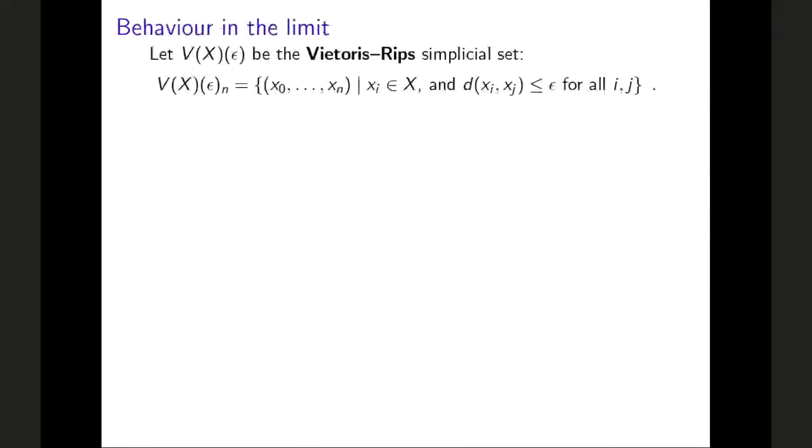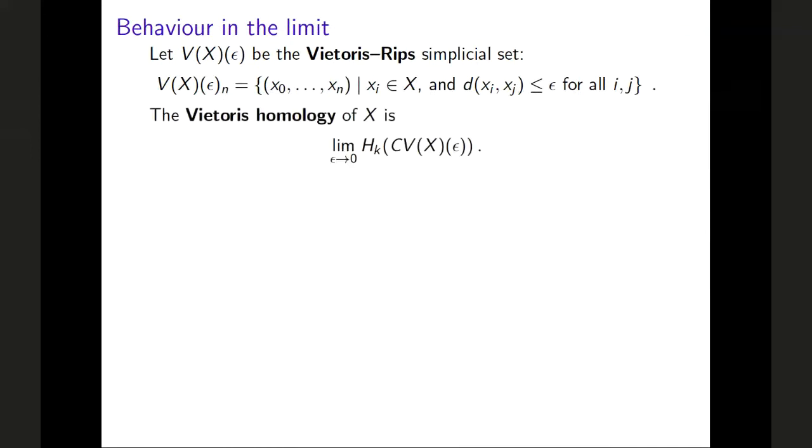And then one can also try to relate this to other types of filtered simplicial sets that we consider, for example, in topological data analysis, the Vietoris-Rips complexes. Well, in this case I'm not talking about simplicial complexes, but just a simplicial set version of the simplicial complex. So this is the filtered simplicial set which at level epsilon has as set of n simplices the ordered tuples such that the pairwise distances are smaller or equal than epsilon.